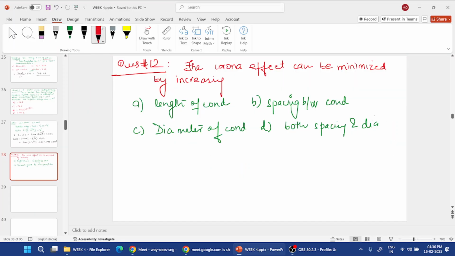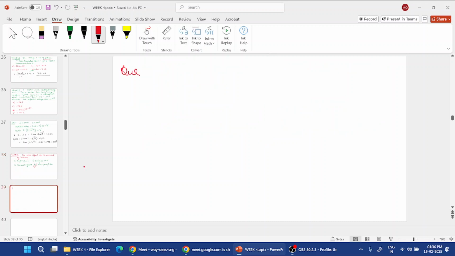Actually, both the spacing and the diameter, the corona effect can be minimized. I have already just told you about that, how we are going to reduce the effect of the corona. So question number 13.